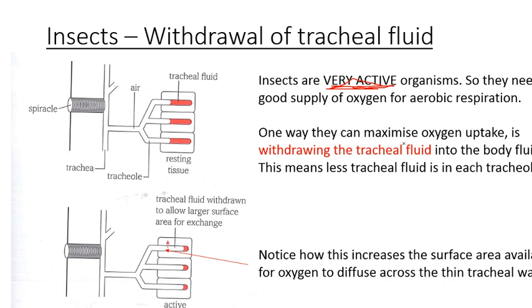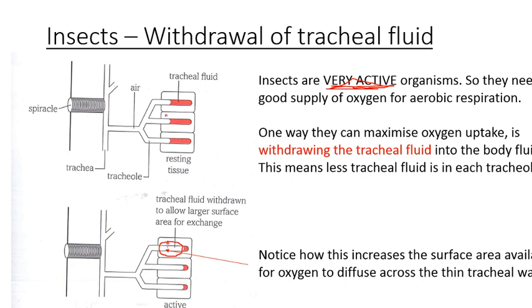One way that they maximize the oxygen uptake to ensure they can do enough aerobic respiration for things like flight is they can withdraw the fluid inside the tracheals and the tracheoles. So this fluid can go all the way up really. But if they withdraw it, it actually means there's more surface area between the tracheole and the cells around it.